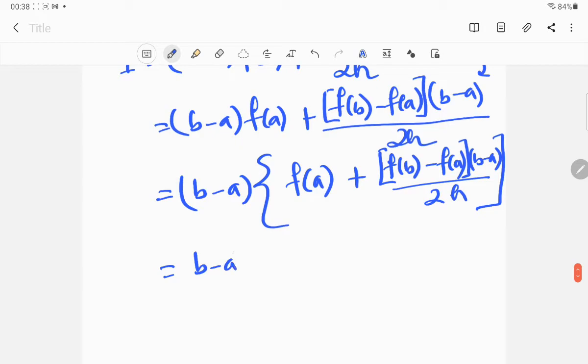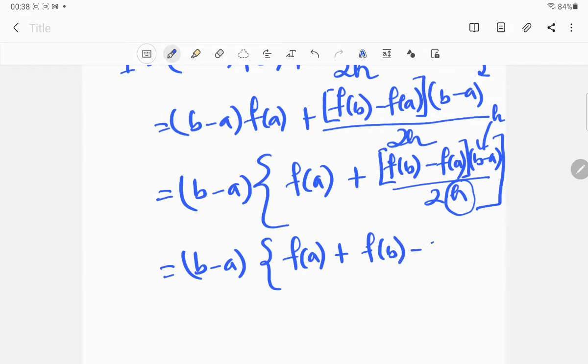Now b minus a is nothing but h, so it will be (f(b) minus f(a)) into h divided by twice h.